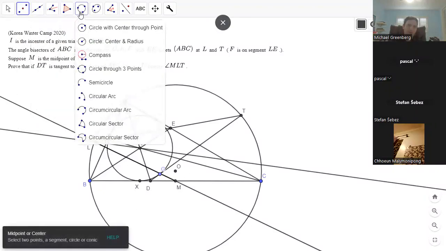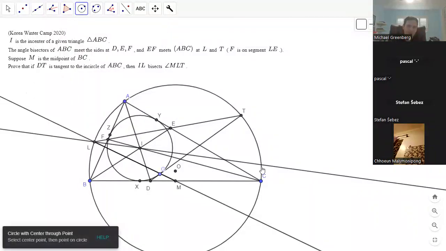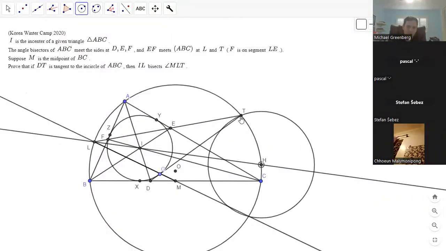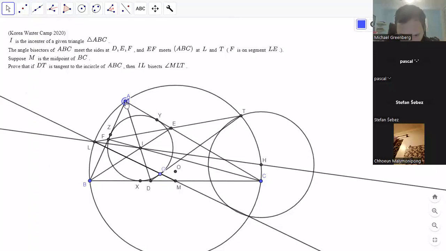Let's see how close my diagram is. It's pretty close. I mean, it's not exact, but there we go.